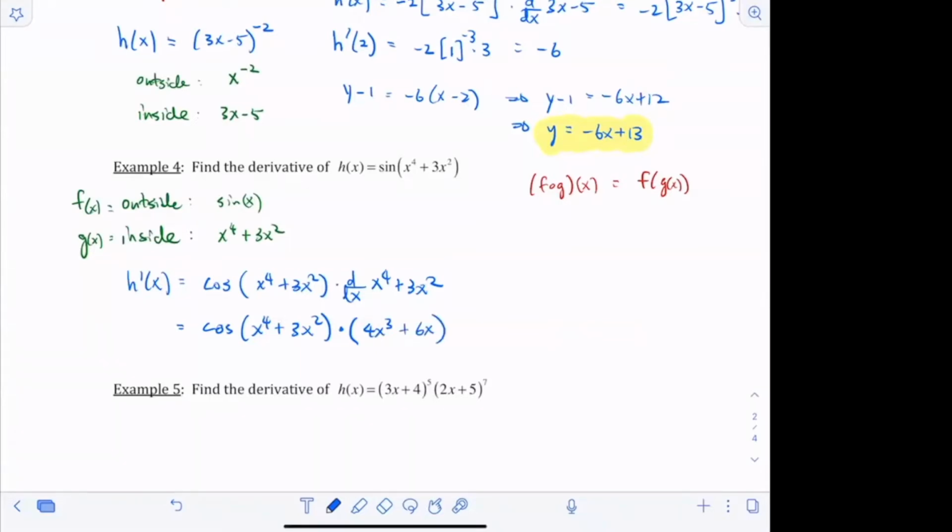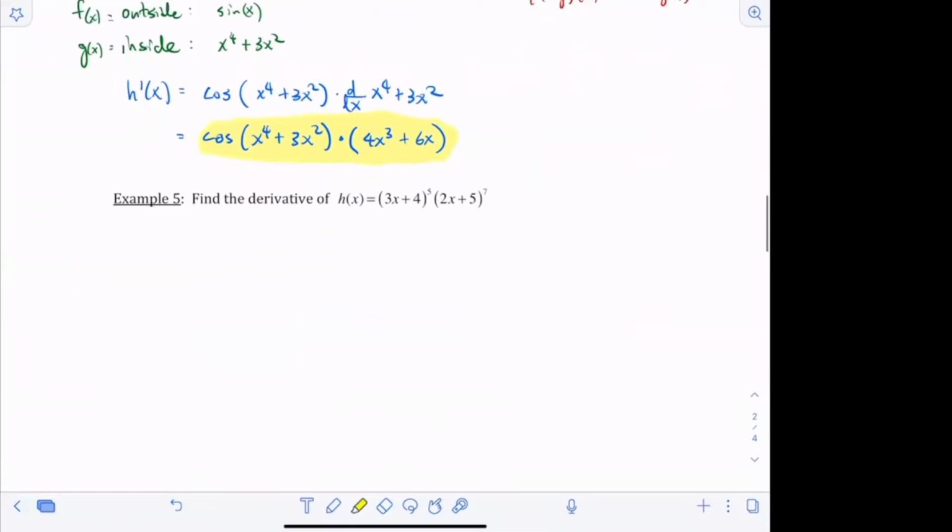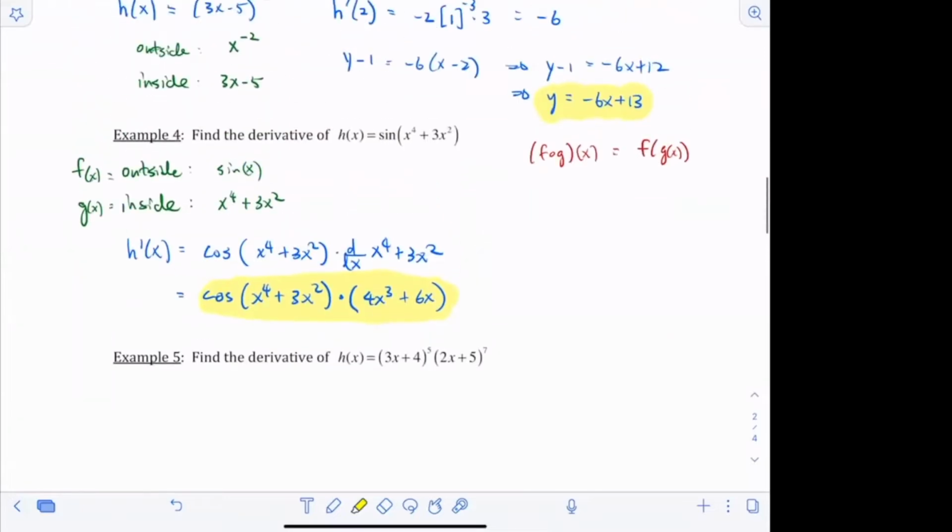So this is our derivative. Are there any questions about this example here? No questions. All right. Are you sure?